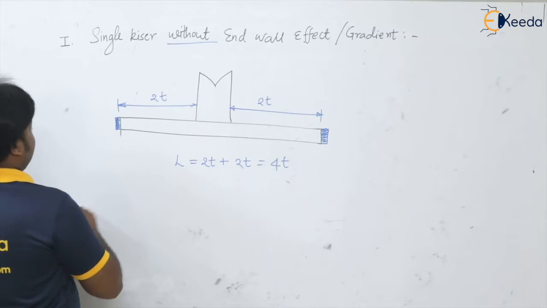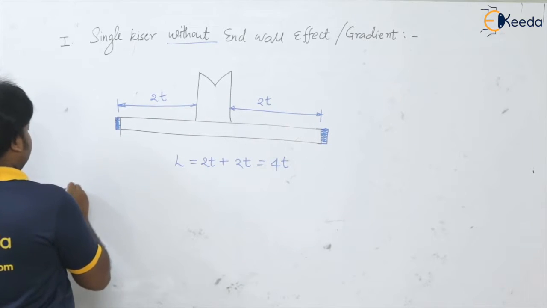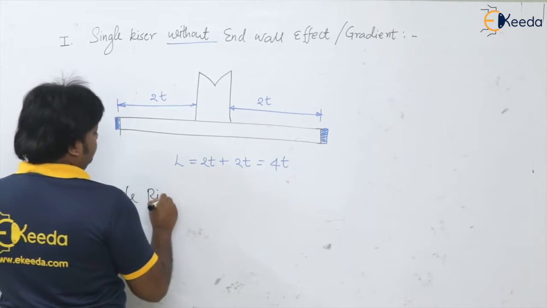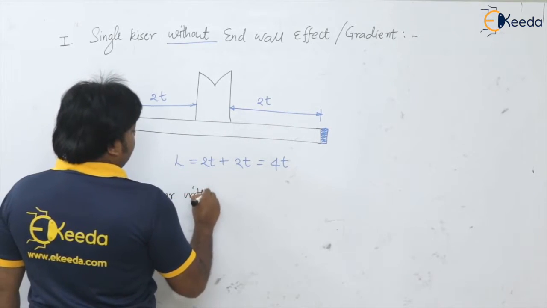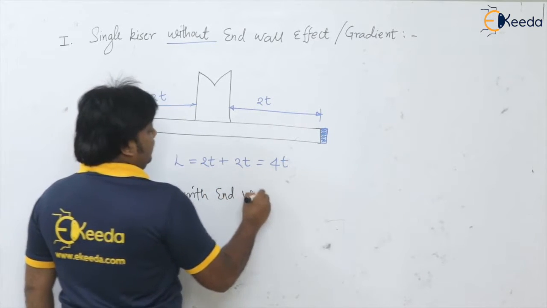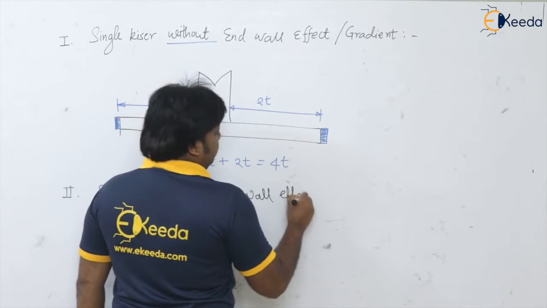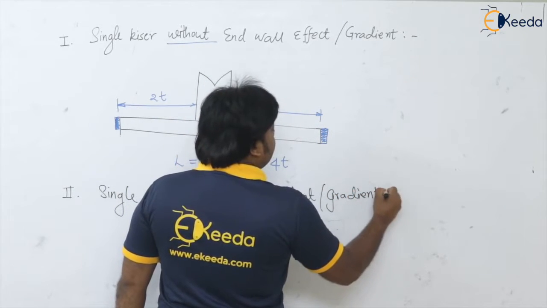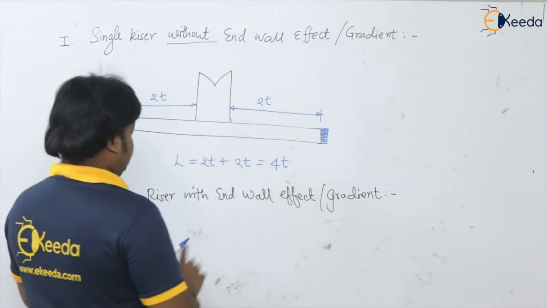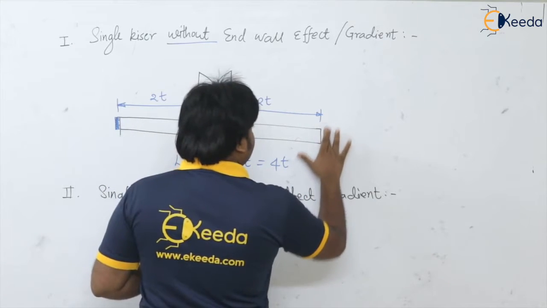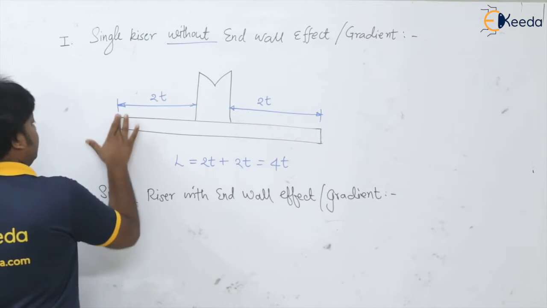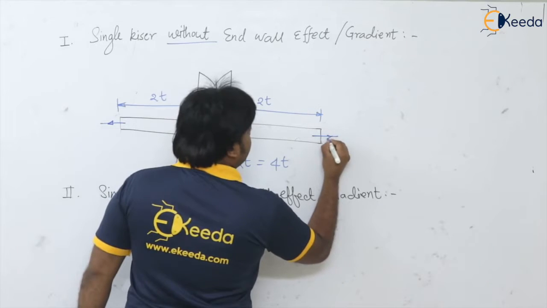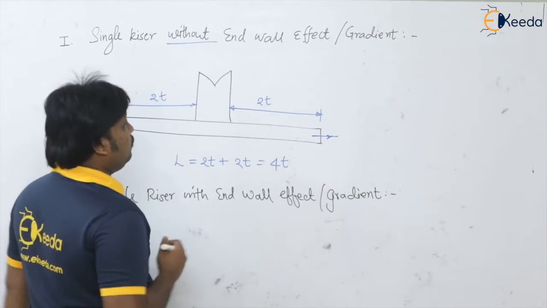I am taking a single riser with end wall effect or gradient. Now I am allowing the heat to transfer from the ends. See, I have removed the insulation here, and now this end wall gradient is available. Tell me, what is the value of the end wall gradient?